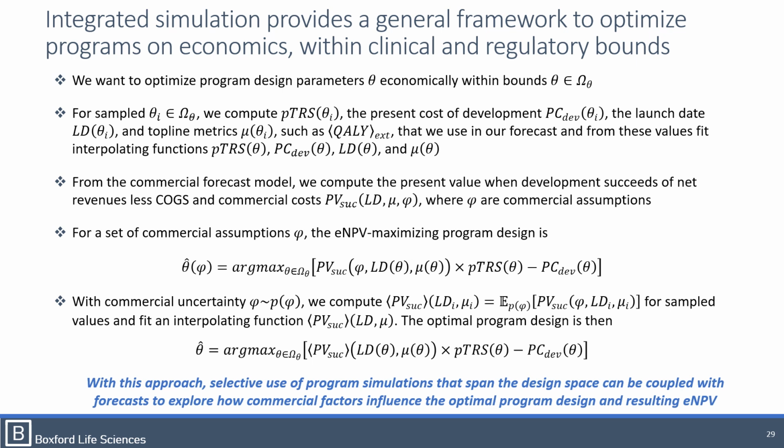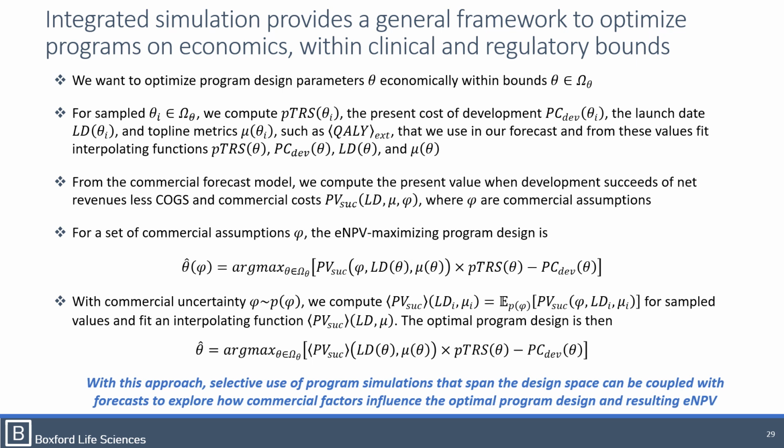We calculate values of those from these clinical program simulations for different sampled values of the parameters, and then we just fit those values to some interpolating function that we can use to see more broadly, as we navigate around in this space, what's the impact on development costs, on launch date, on top-line metrics, on probability of technical and regulatory success.